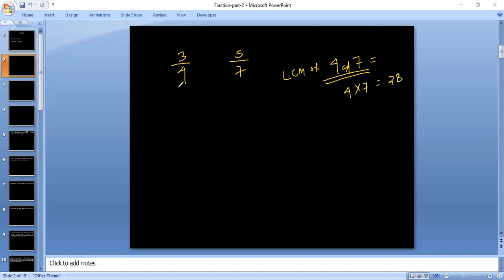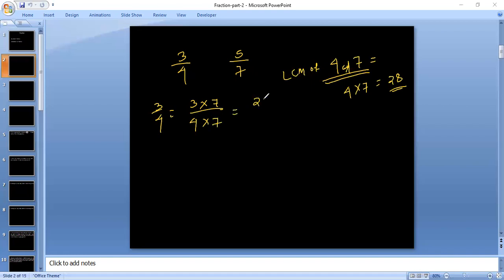So simply convert each fraction into an equivalent fraction, or we should find the equivalent fraction of 3 by 4 with denominator 28. So what should you do? 3 by 4 is equal to, हम 4 के साथ 7 मल्टीप्लाई करने पर 28 हो सकता है. सो हमको 7 को both numerator और denominator से मल्टीप्लाई करना है.